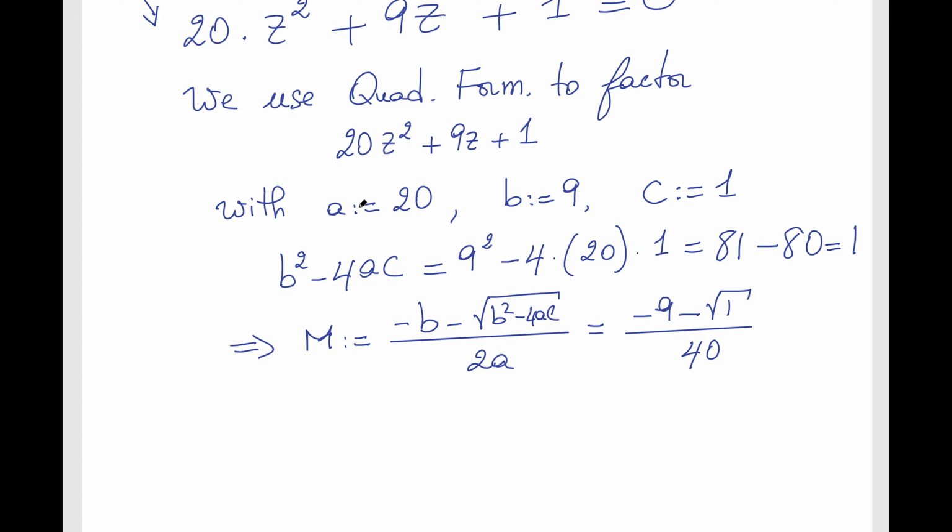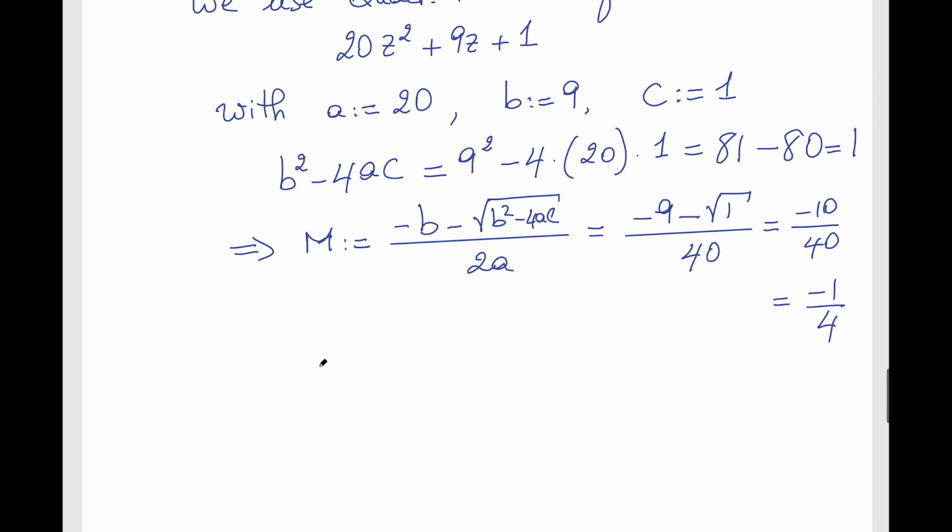Because a is 20. So square root of 1 is 1, negative 9 minus 1 is negative 10 over 40, which is negative 1 over 4. So the m guy is negative 1 over 4. How about the p one? How about the p guy, which was minus b plus the square root of the discriminant divided by twice a.